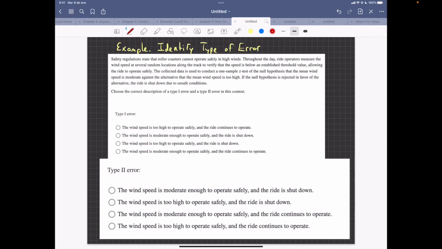Now, identify type of error. Always when we are performing a hypothesis test, we can have two types of errors. So we can make two decisions: reject H null, or do not reject.